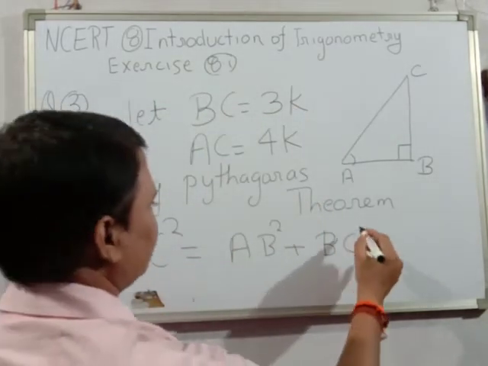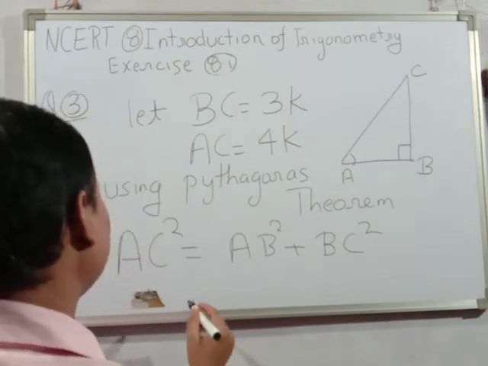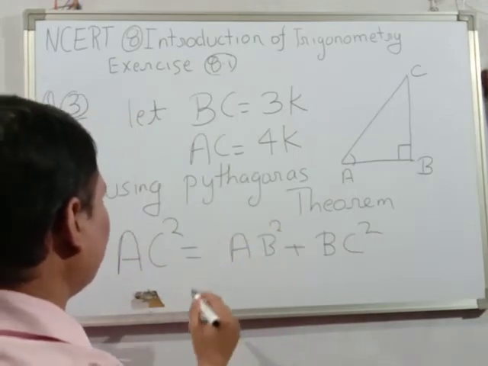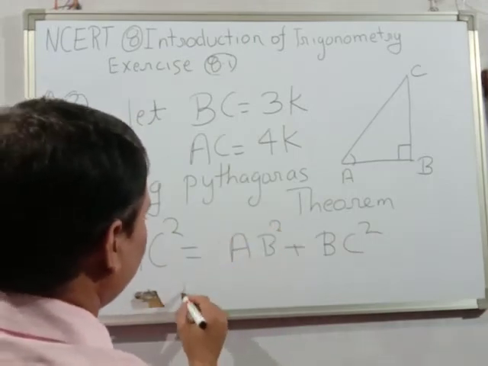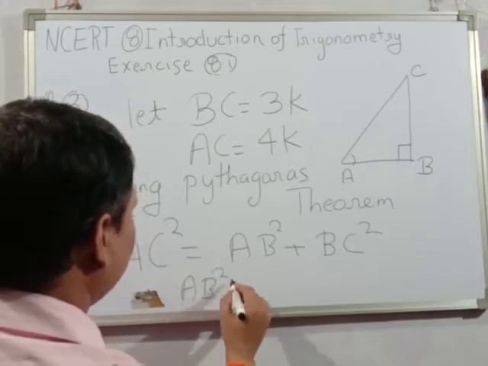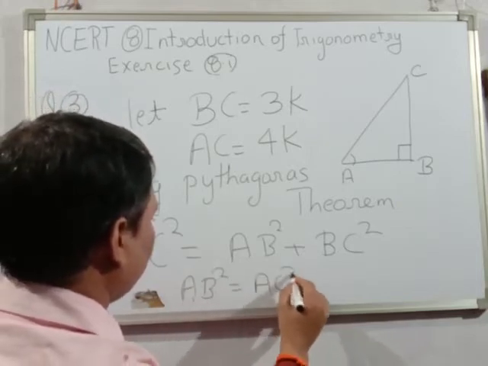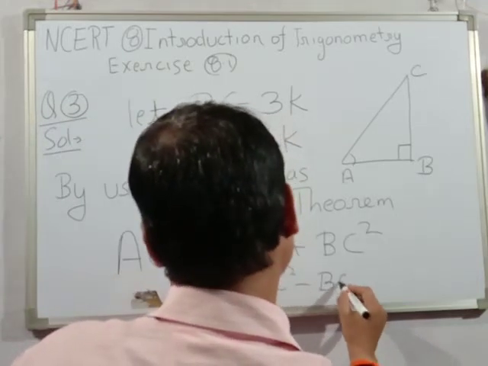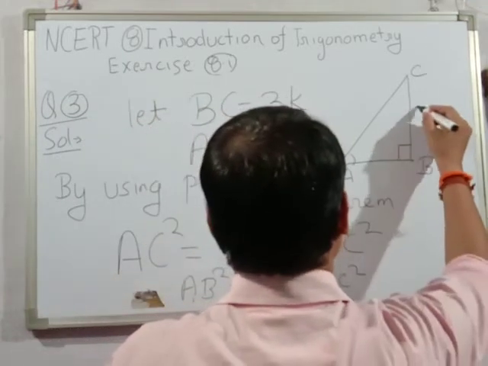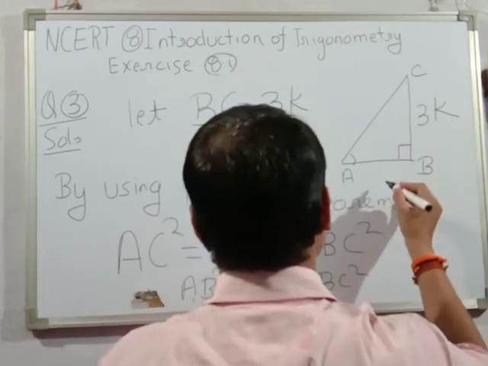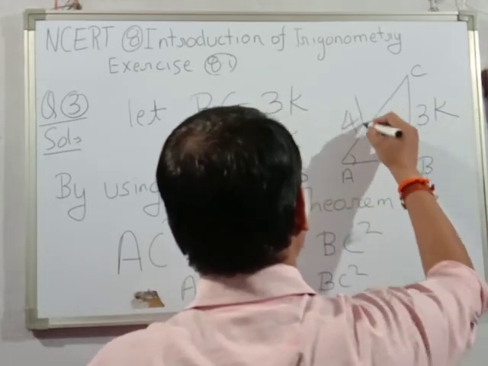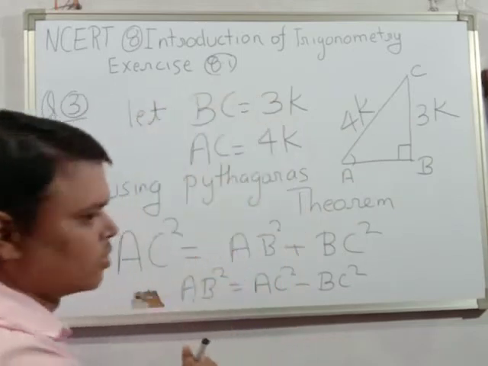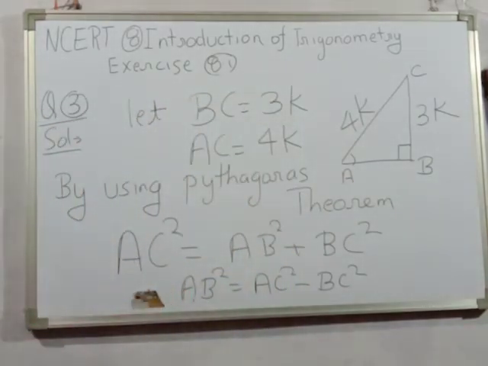So AB square is equal to AC square minus BC square. This is 3K and this is 4K.